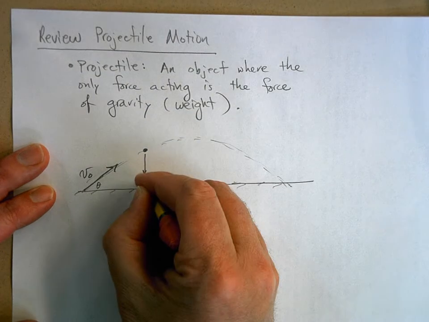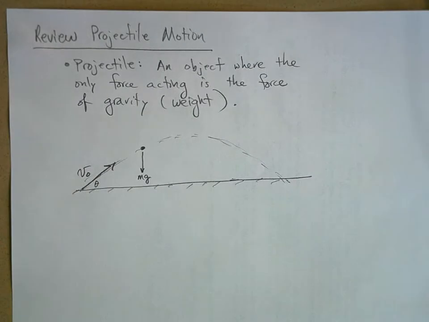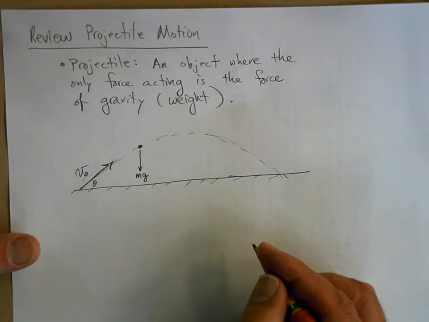And it's just going to be mg. Now, if we were going to include air resistance, we might have a horizontal force on it, but we don't. There is no horizontal force acting on it. So, I've drawn my free body diagram.